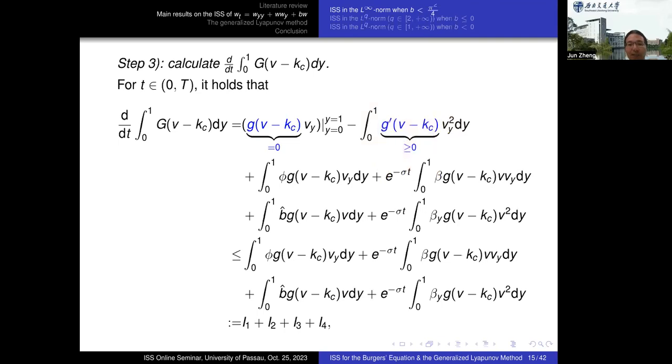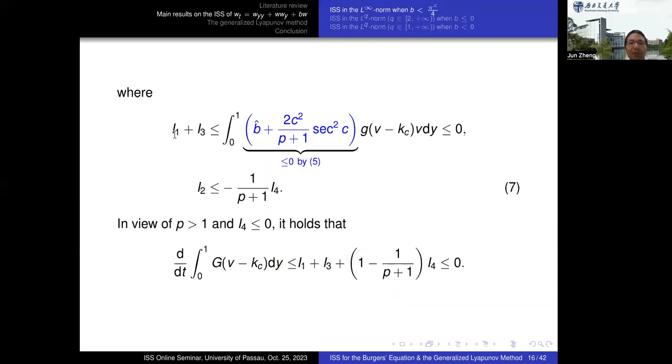In fact, we can estimate the first term and the third term together. In fact, the sum of them is less than 0. There's no intrinsic difficulty to calculate this estimate.